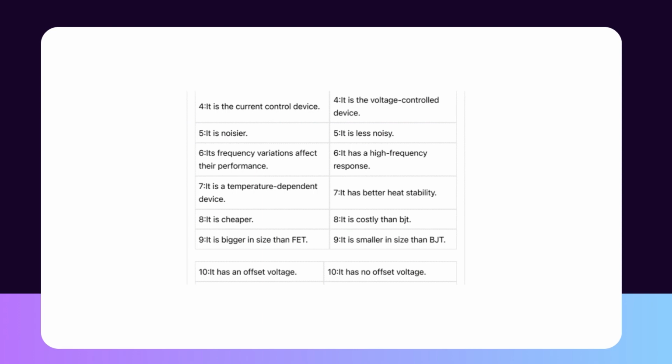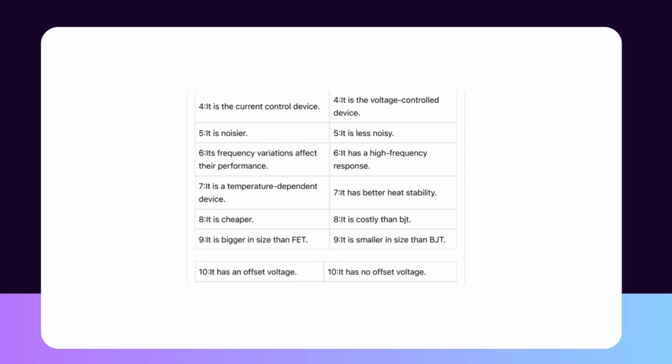As the input impedance is less, BJT is noisier and the FET is less noisy. The frequency variation in the case of a BJT affects the device performance, while in the case of a FET, it has high frequency response.